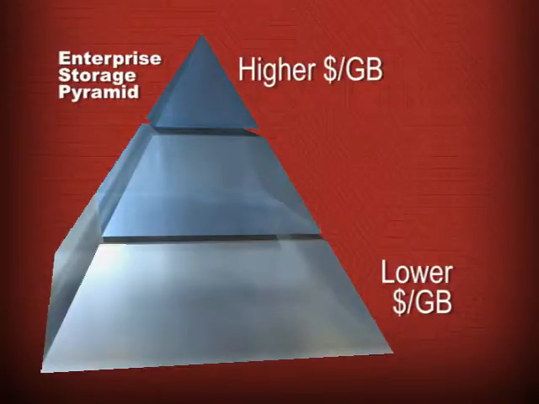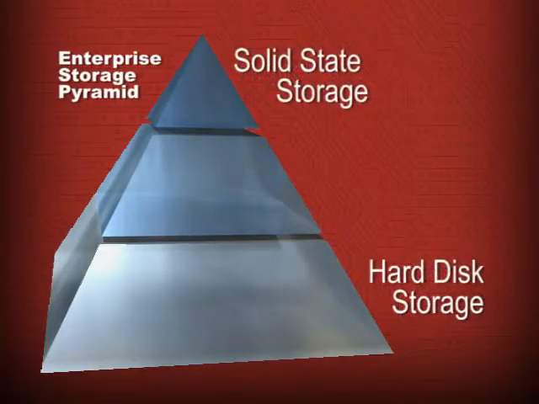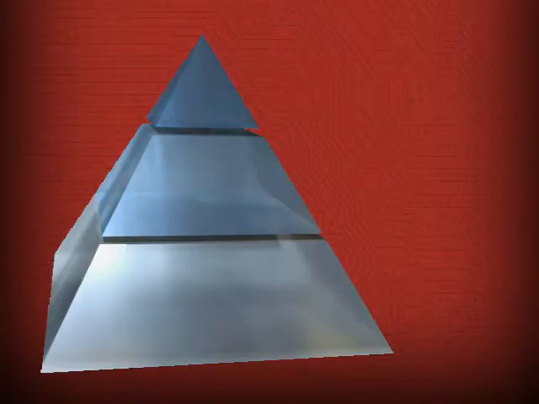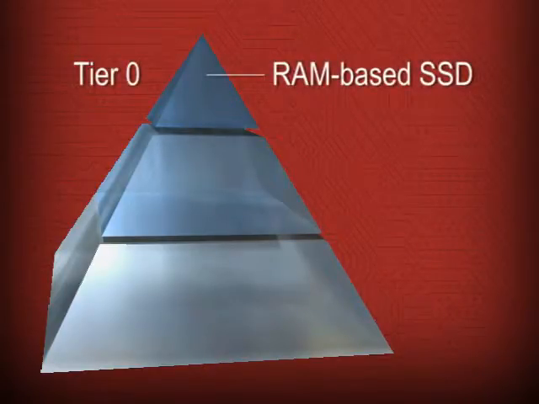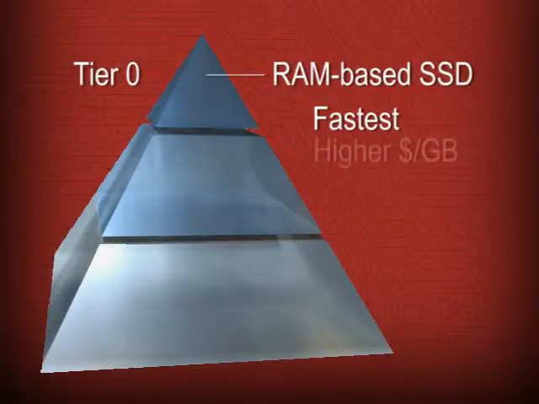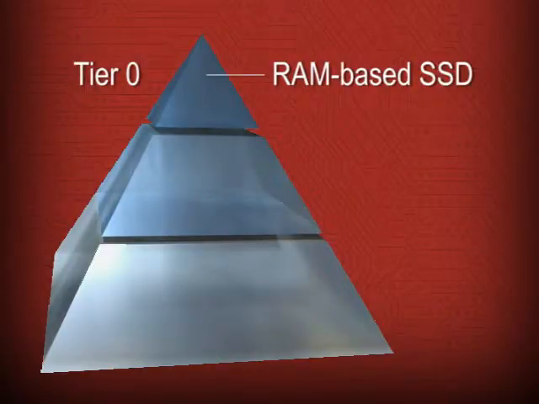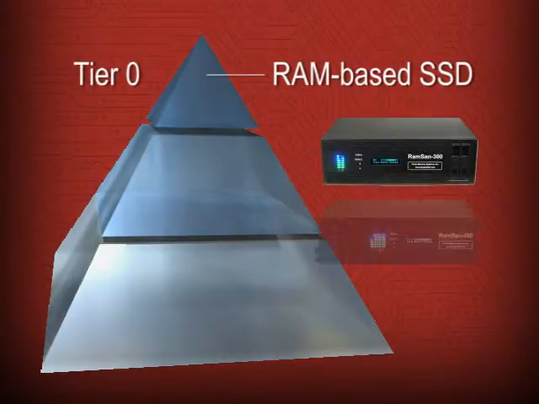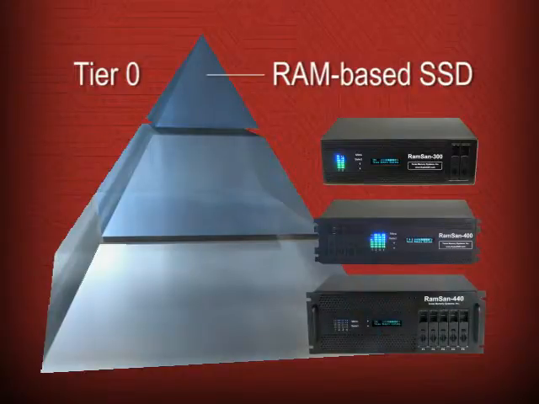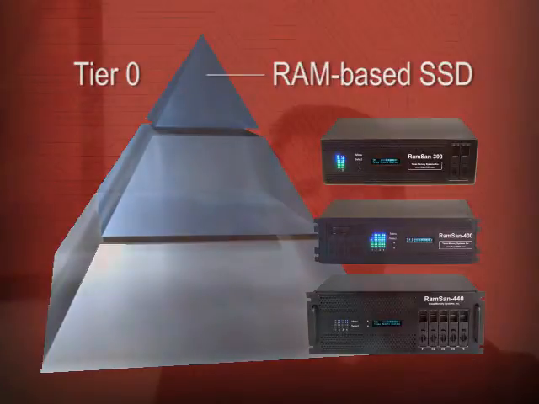One would be enterprise storage, and in the enterprise storage space, the top tier, which many people would call tier 0, would be a RAM-based solid-state disk. This is going to offer the highest possible IOs per second and the lowest possible latency, but it's also going to come at a higher cost per gigabyte than other solutions. Our RAM-SAN 300, RAM-SAN 400, and RAM-SAN 440 offer solutions ranging from 16 gigabytes to half a terabyte of capacity in those RAM-based solutions.